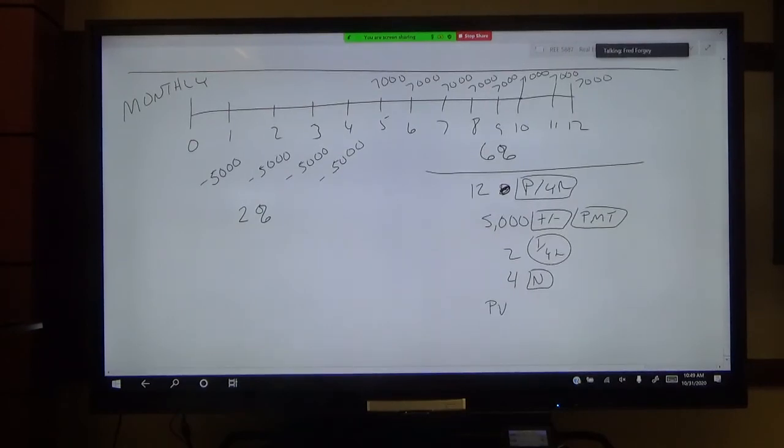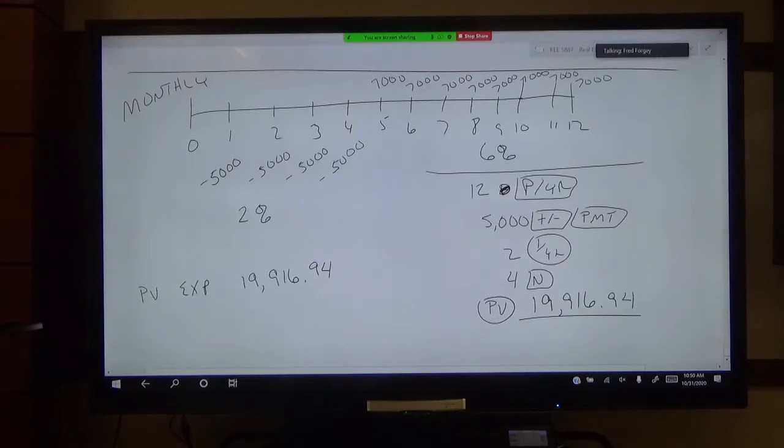And then solve for present value. Okay, so basically our present value of expenses is 19,916.94.